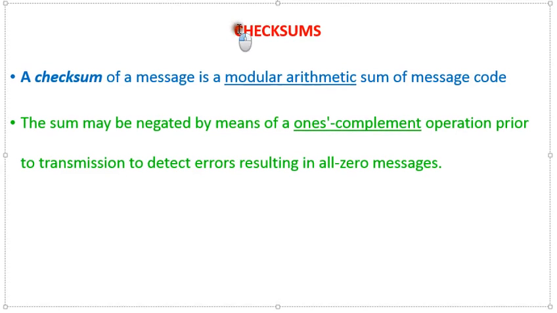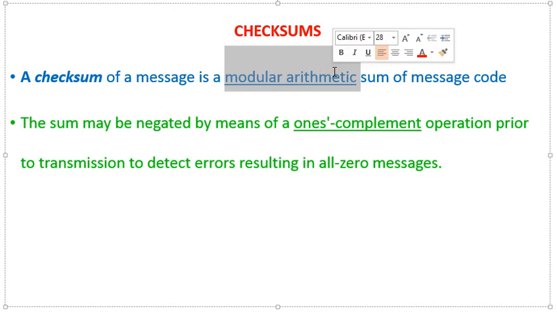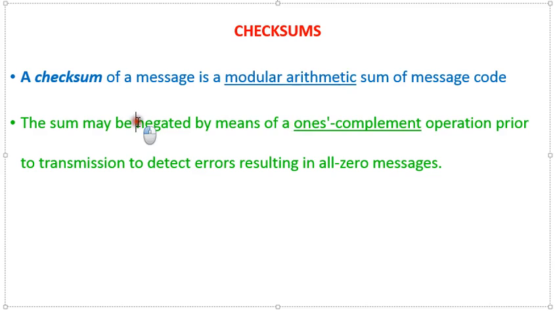Now another method we use for detecting errors in data transmission is called checksums, and this is done using what we call a modular arithmetic sum of the message code. And how do you do that? The sum you are sending to the receiver can be negated, that is, made negative.